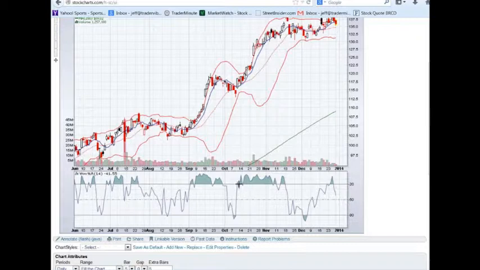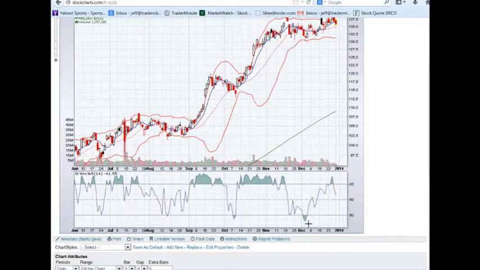Well, that has recently shifted. Over the last 2 years, anything above minus 20 can pretty much be bought, while anything below minus 80 can pretty much be bought. What's that a product of? That's a product of the market trend. So the oscillator Williams percent R is overbought above minus 20, oversold below minus 80.